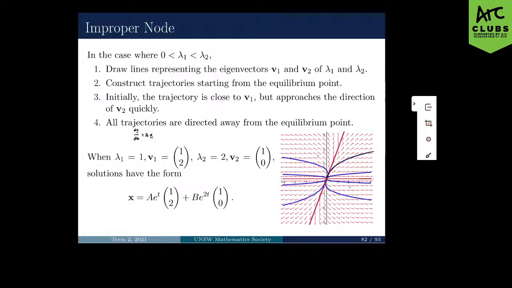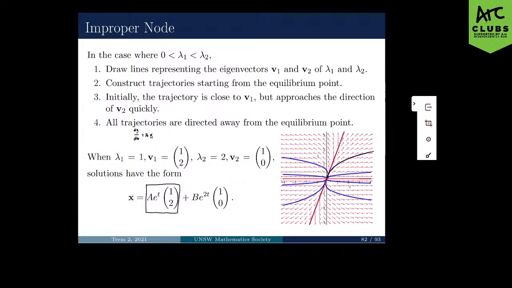How I remember this is that I like to think of t as being negative at the starting point, and then t becomes more and more positive as time goes on. So when t is negative, this term will dominate, and so the trajectory sticks close to the line corresponding to that eigenvector.